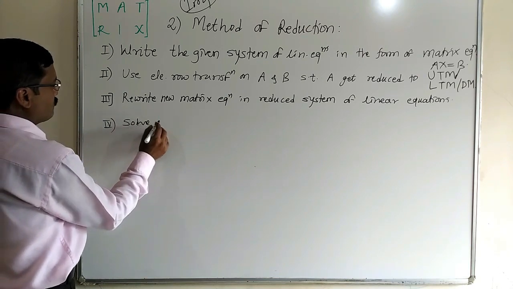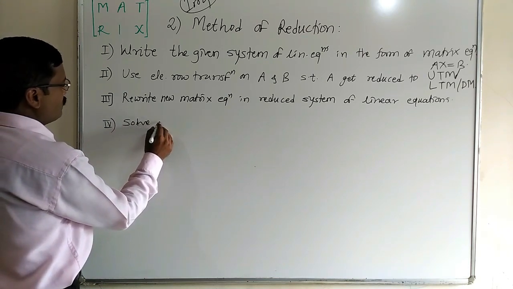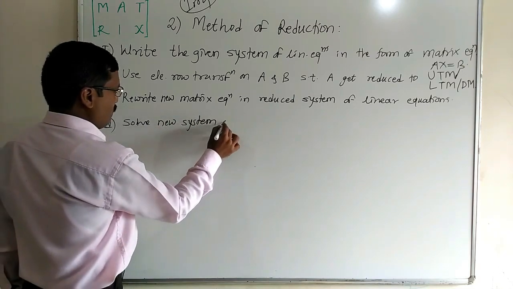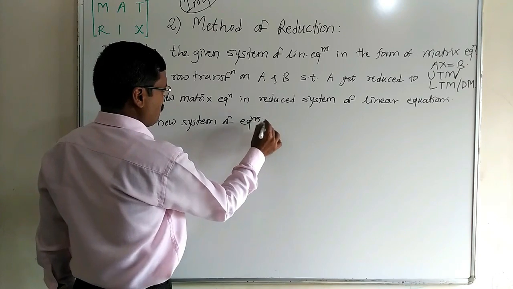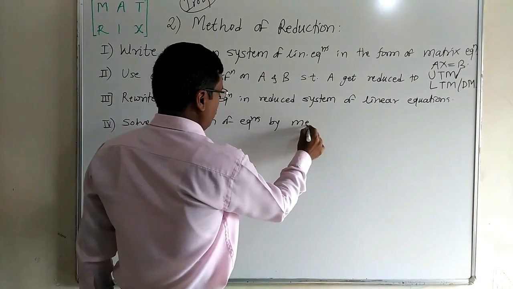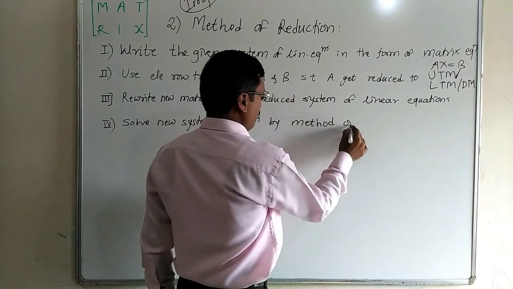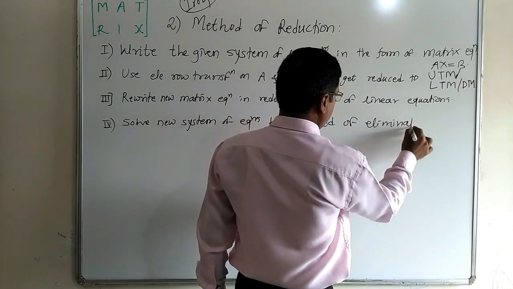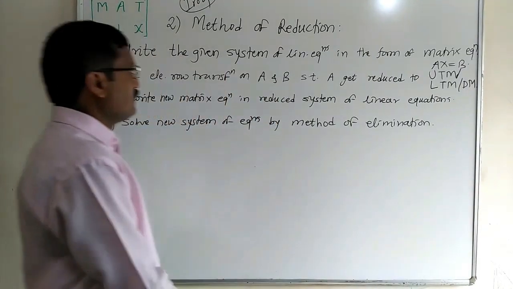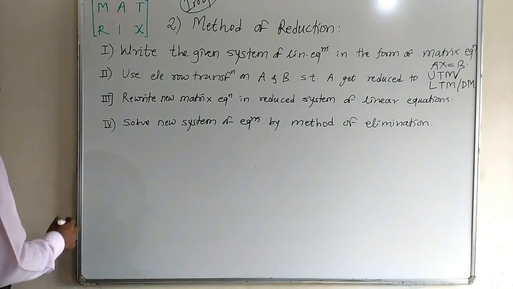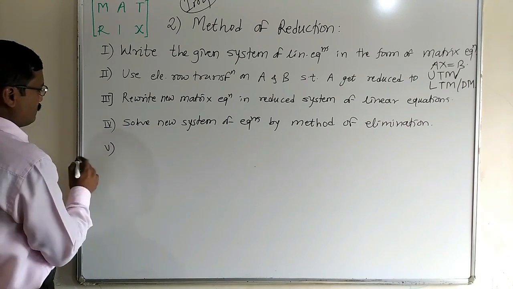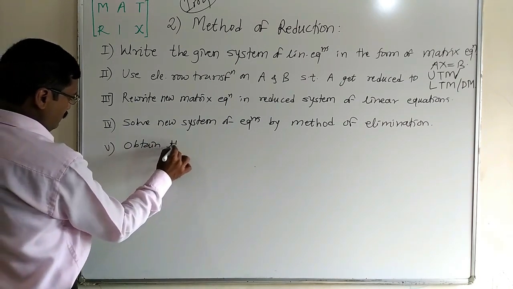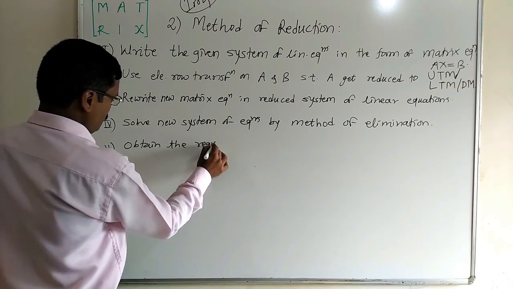So solve the reduced system or new system of equations by method of elimination, that we have used many times in solution of linear equations, and at last obtain the required solution.